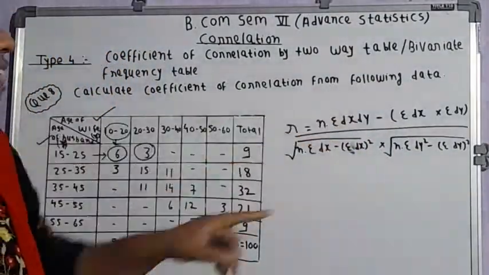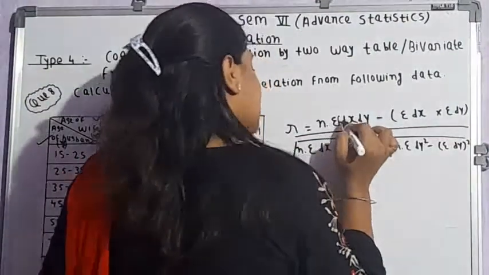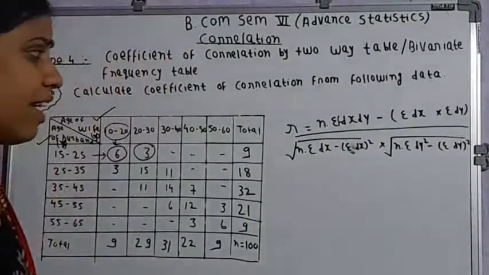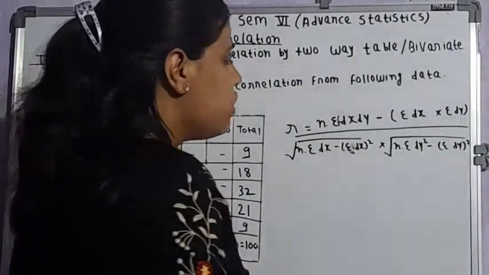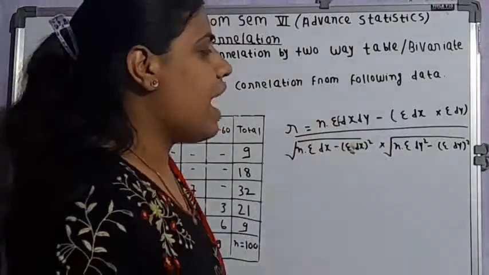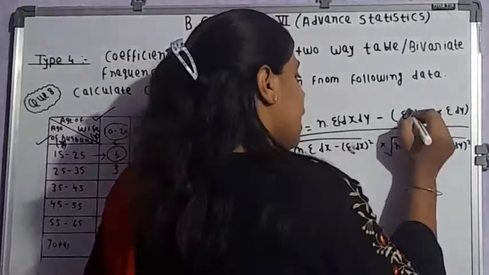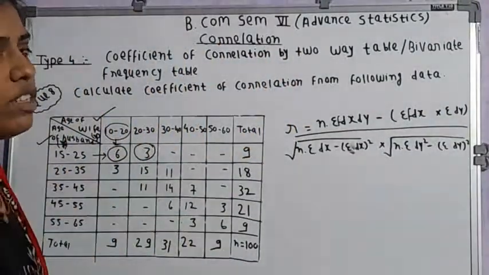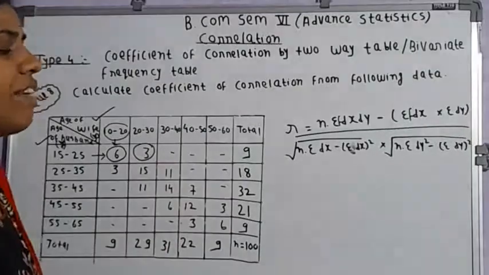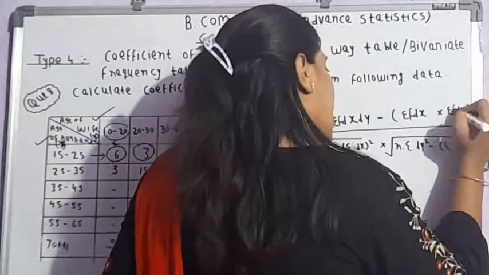Like dx dy is there, so we have to consider f dx dy over there. When the frequency is not given, we used to consider summation dx, but now frequency is given, so we have to consider summation f dx. When the frequency was not given, we used to consider summation dy. Now frequency is there, so we have to consider summation f dy.